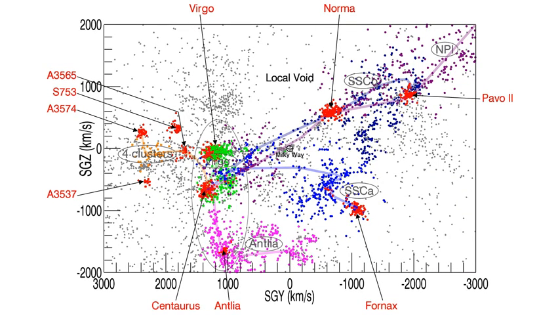There is a vertical wall of galaxies in this view that includes the Centaurus, Antlia, and Virgo clusters. See how the local void is bounded by two of the strands from Centaurus.